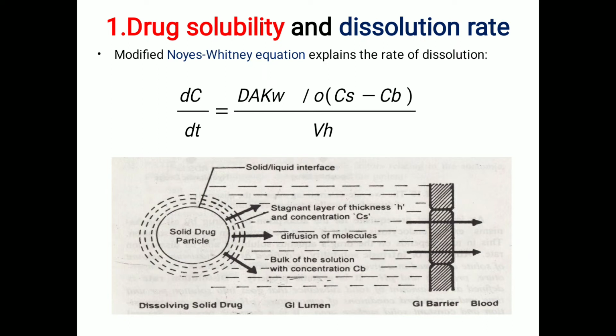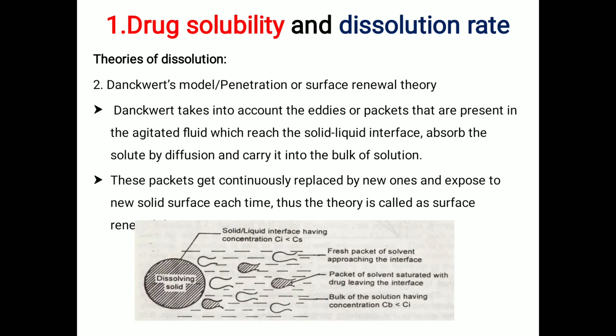Likewise, solubility and dissolution rate affect the process of drug absorption to a very large extent. Next, the second theory of drug dissolution is Danckwerts' model, or the penetration or surface renewal theory.